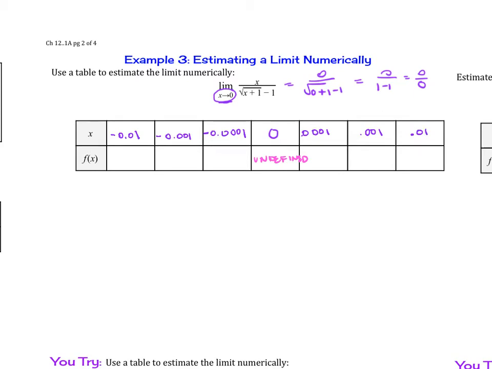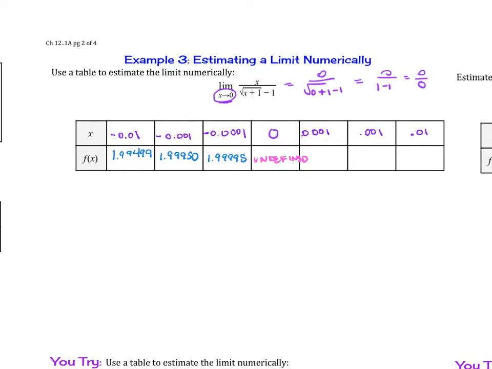Now it's just a matter of plugging it into your calculator and finding the answers. When you plug in negative 0.01, you will find 1.99499. I'm going to round to 5 decimal places for now. The next number I would get is 1.99950, and the next one is 1.99995.